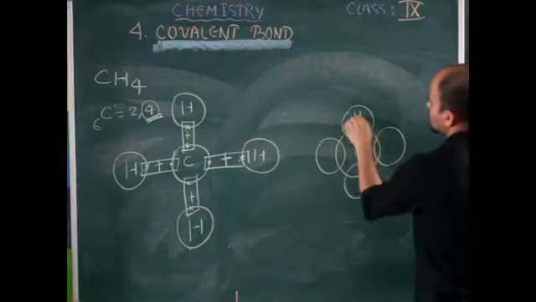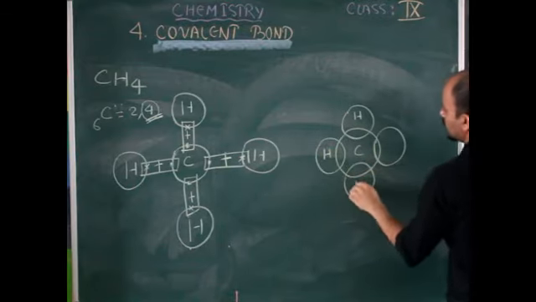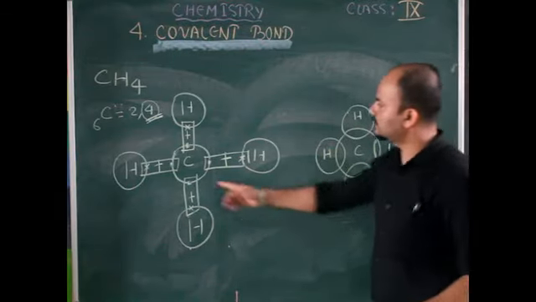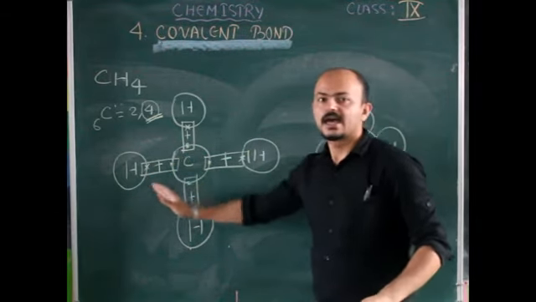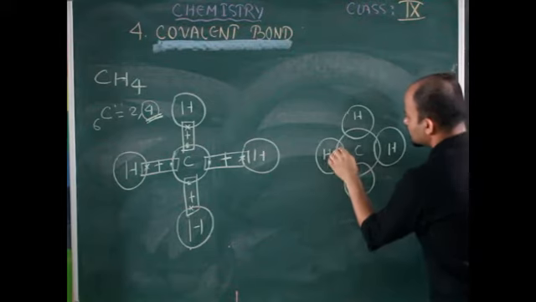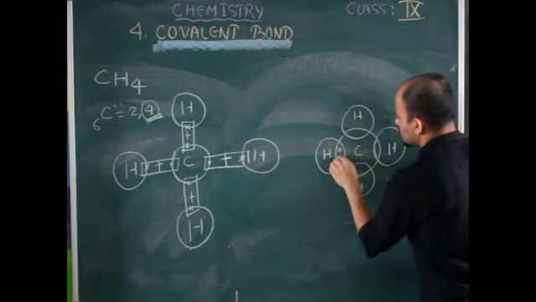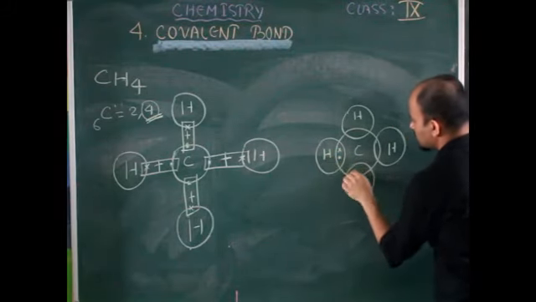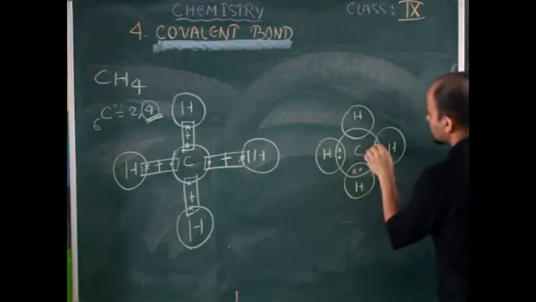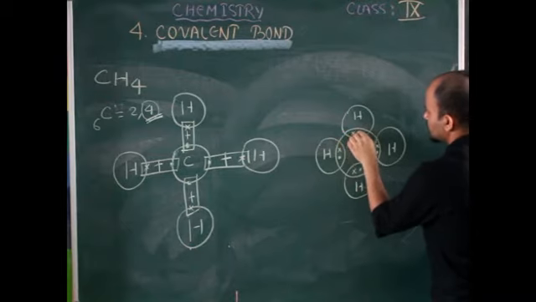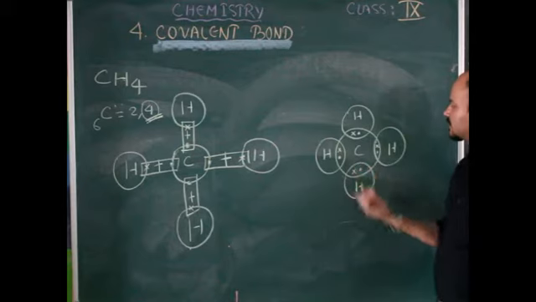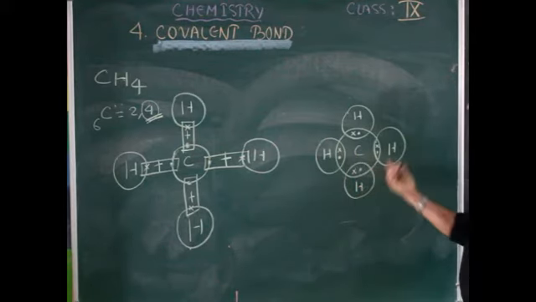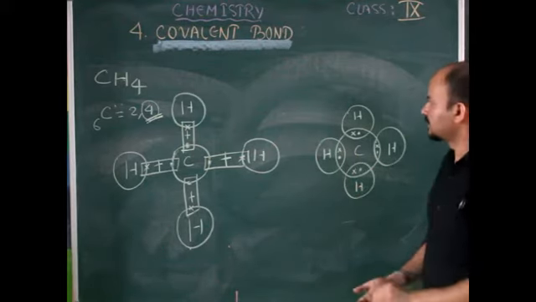In all the cases, the valence electrons of carbon are shared with hydrogen. Therefore, these electrons are written within the orbits of hydrogen as well as carbon. That means these are common to carbon as well as hydrogen. Now this is the structure of CH4.